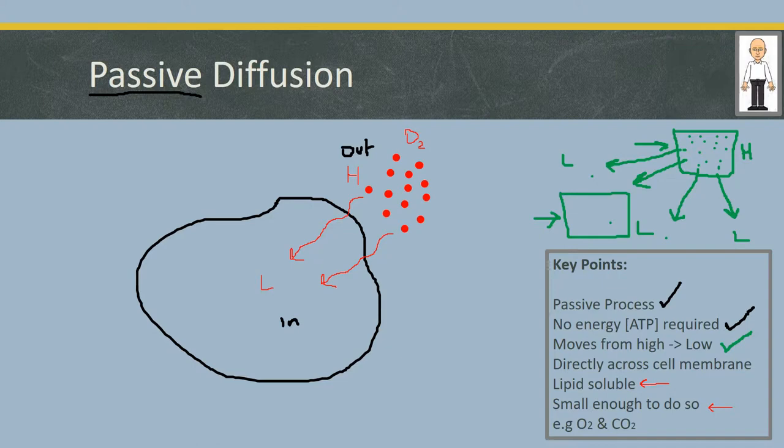And so oxygen is lipid soluble. That means that it can dissolve in the lipid, it can dissolve in this black line and come out of the other side, and it's also small enough to do so. So what we get is a movement from high concentration to low concentration because the molecule is lipid soluble, i.e. dissolvable, and small enough to do so.